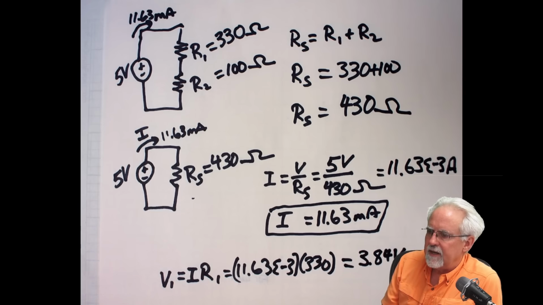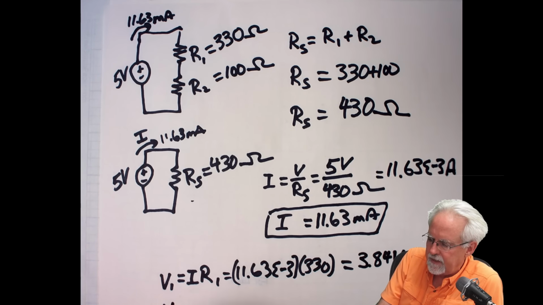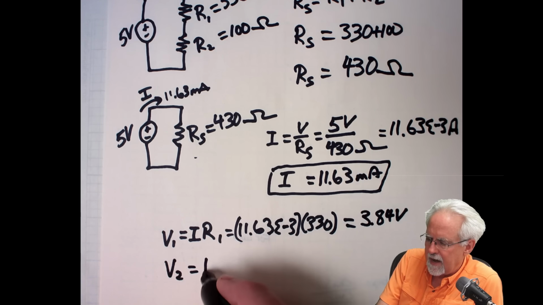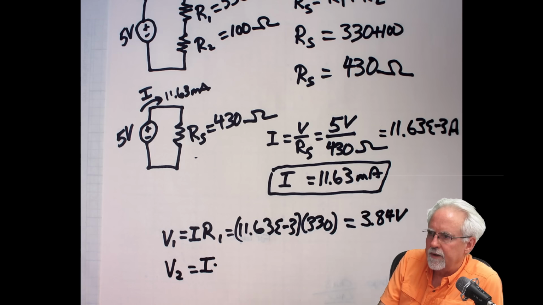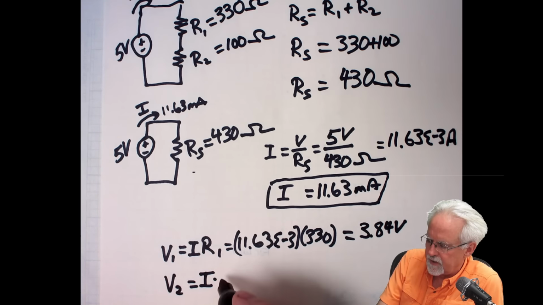Now what do I need? I need to calculate the voltage across R2. We will call that V2. V2 is equal to I times what? Well, R2, because I want the voltage across R2, so that is R2.